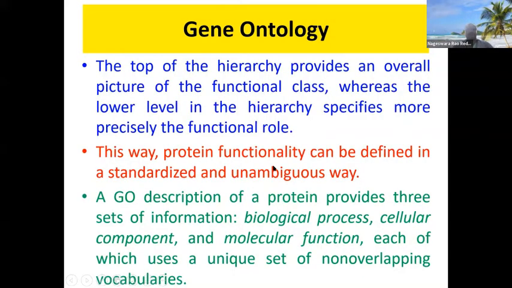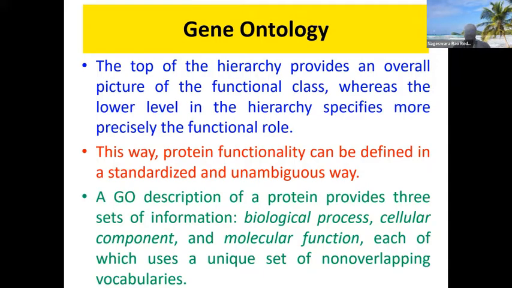Based on this, we can identify the ontology of the gene and see what the function actually is. The top of the hierarchy provides an overview of the function class, whereas the lower levels specify the function more precisely. That is what we have seen: the way protein functionality can be defined in a standardized and unambiguous way.